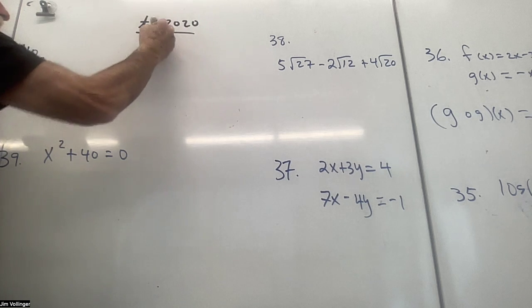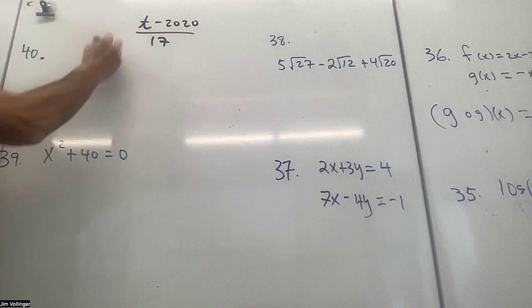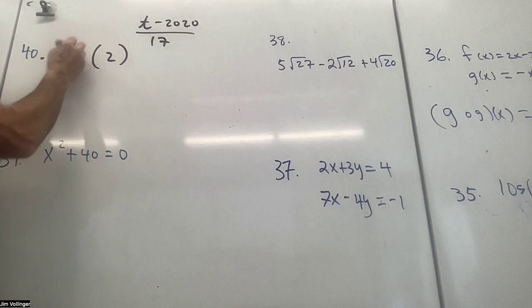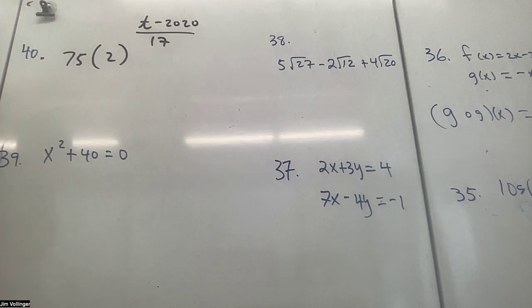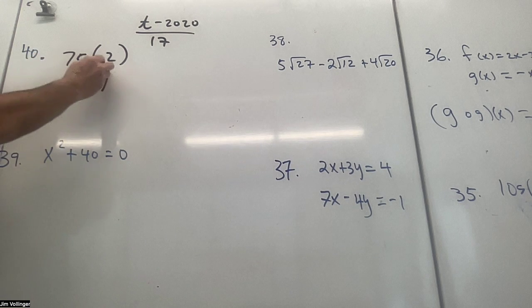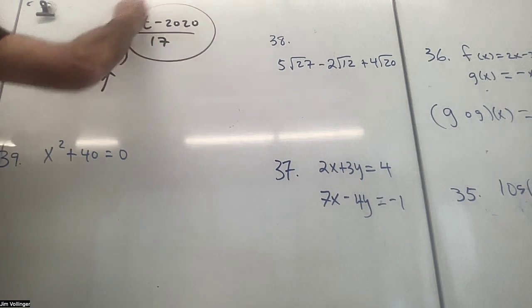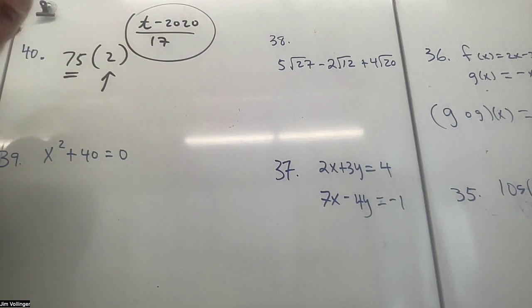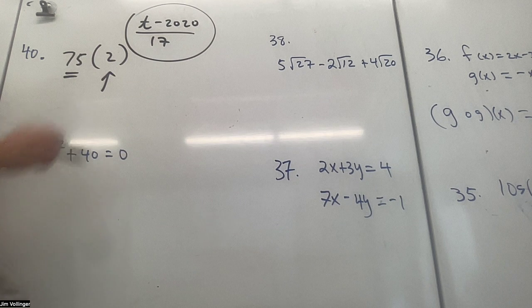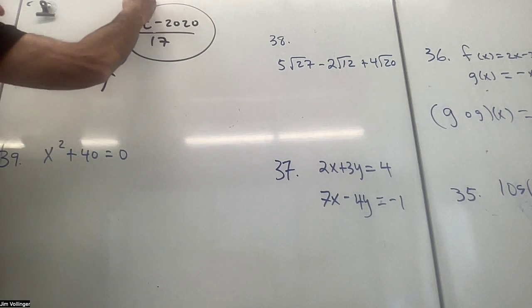And every 17 years is what's happening is a doubling of that $75. And you don't have the word problem in front of you. But that's an initial amount we start with, what's happening to it, and getting the right time elapsed every 17 years. So 5 years ago would have been 2020.